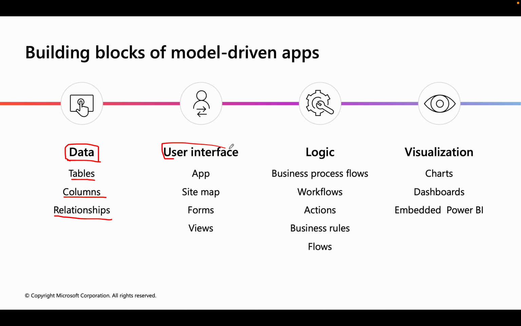And for the user interface, you may have app, sitemap, forms, views. You have forms and views first, then group them to become a sitemap. So sitemap is the way to group some components together and become your apps.